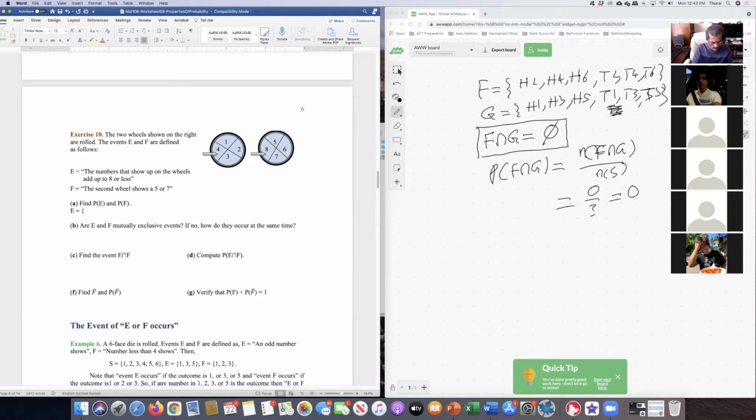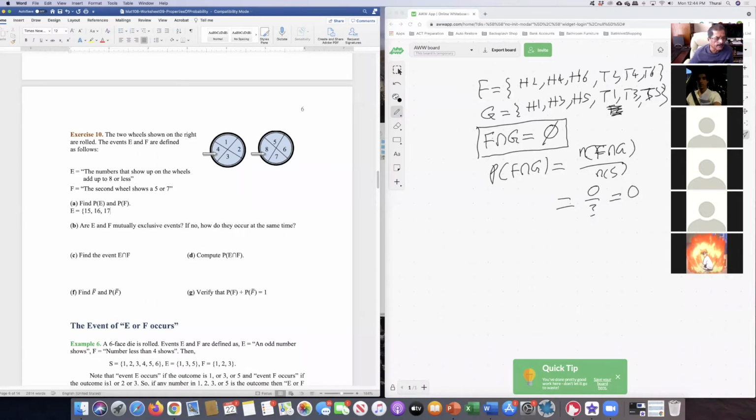1, 2, 3, 4. 1, 4 is not an element of the sample space. We are rolling these two wheels. 1, 5, yes. And 1, 6, 1, 7, 1, 8. 1, 7.